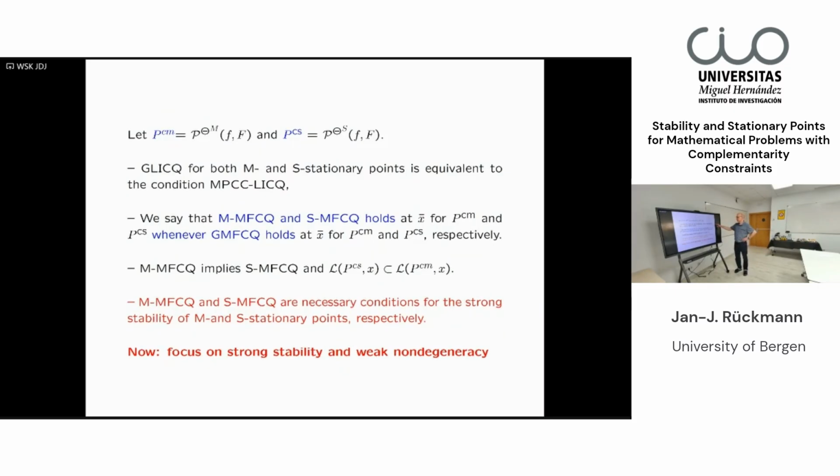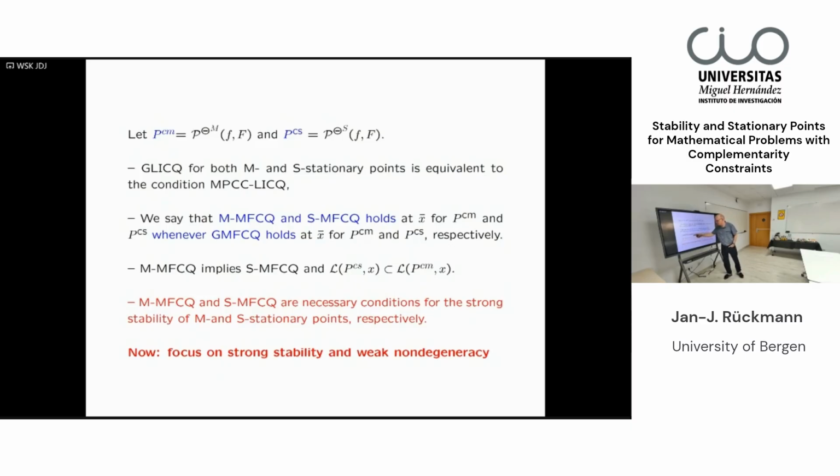The generalized LICQ for both M and S stationary points is, of course, equivalent to the condition MPCC-LICQ. That means, as standard, that all the active constraints form a set of linearly independent derivatives. And there's another consequence here, that MFCQ implies SMFCQ.